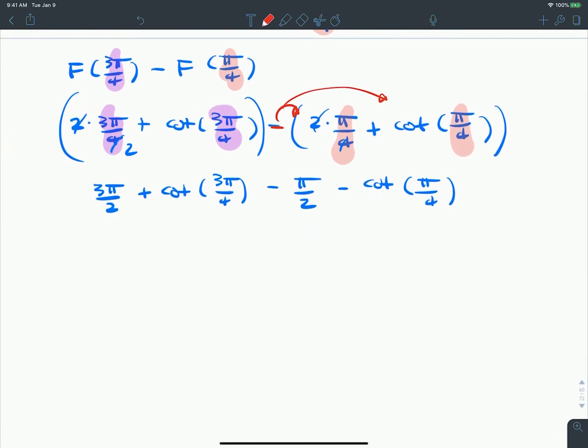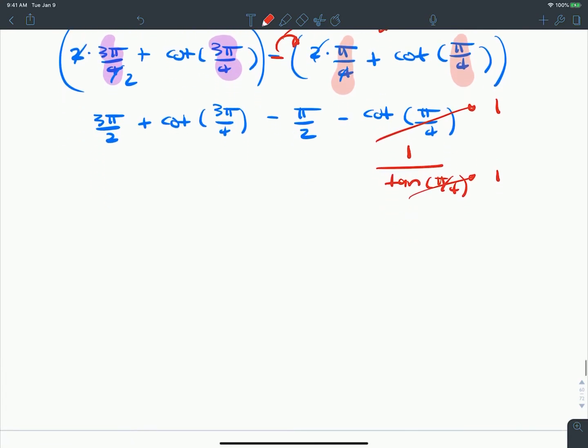So we're going to have to note what cotangent 3 pi over 4 is and cotangent pi over 4. So if you remember what we did in the last problem, or one that we did very similarly, we know that tangent pi over 4 is 1, so 1 over 1 is 1. We have the reciprocal identity.